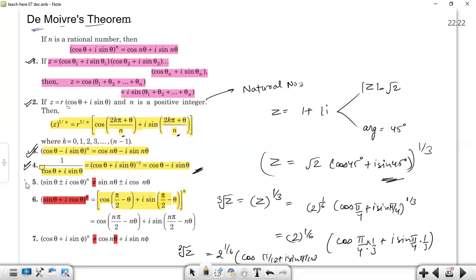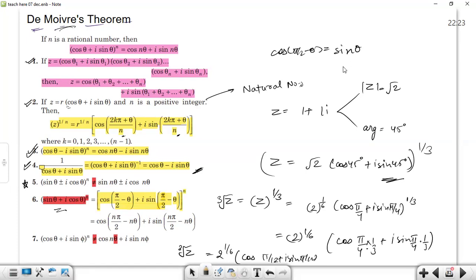Now, this is one point to note, that if iota is with cos theta, we cannot directly apply De Moivre's theorem. First, what we need to do in this case is change sine into cos by this operation, and change cos theta into sine theta. As we know, cos of pi by 2 minus theta is sine theta.